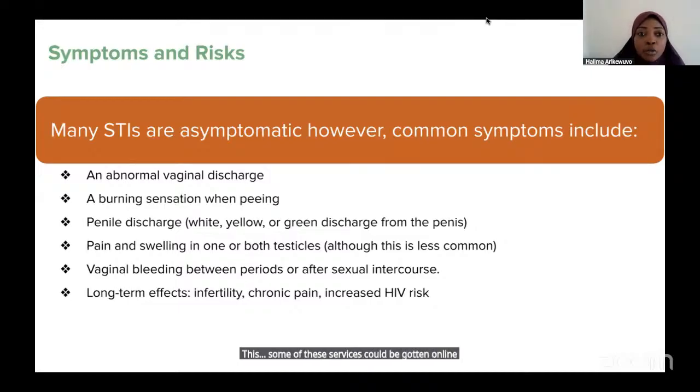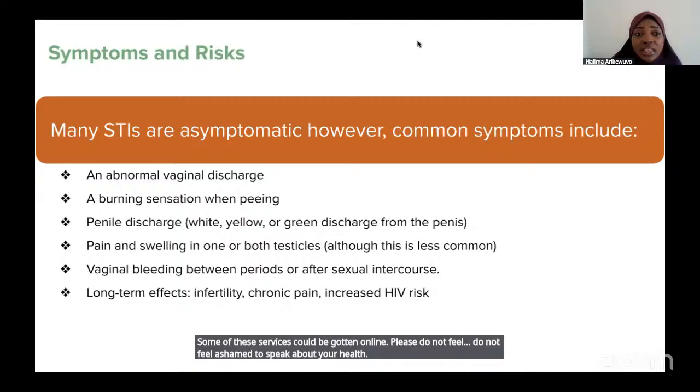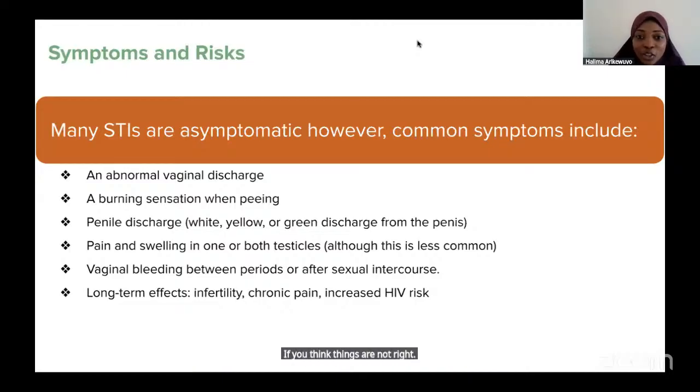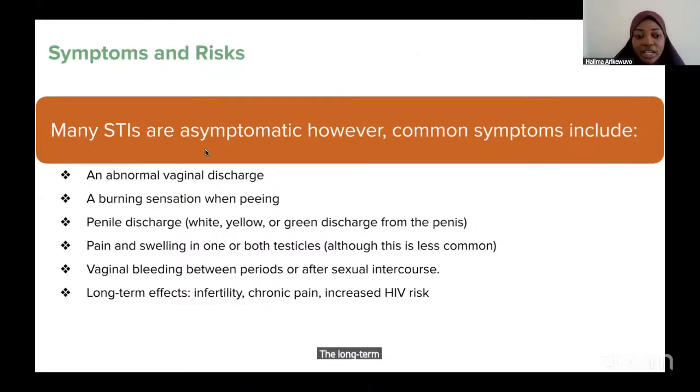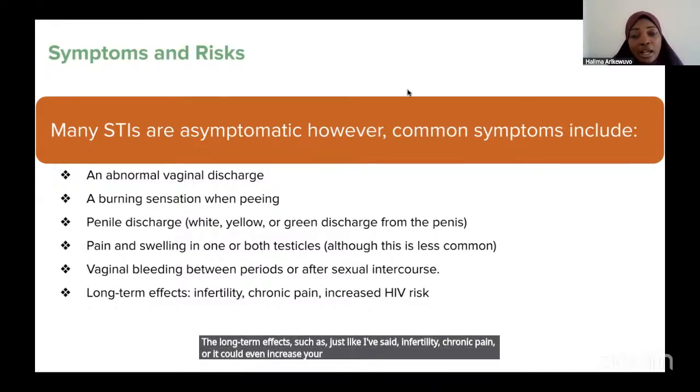Please do not feel ashamed to speak about your health. If you think things are not right, I'm sure you would know. Please seek help. It is very, very important because some of these things could result in complications later in life. The long-term effects, just like I've said, include infertility, chronic pain, or even an increased risk of being infected with HIV and AIDS.